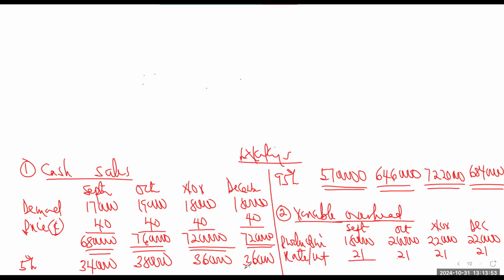What is the amount for each of them? The first one is 3,780,000. The second is 4,200,000. And the third and fourth is 4,620,000.